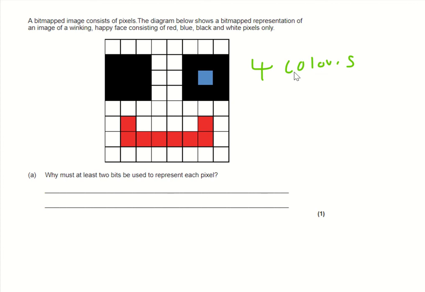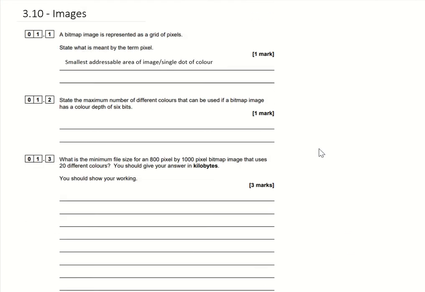Now, the number of colours is separate to something called the colour depth, because the colour depth is how many actual bits you need to represent that many colours. So the way to represent it is 2 to the power, okay? If I do 2 to the power of 1, so 1 bit, I can represent 2 colours.